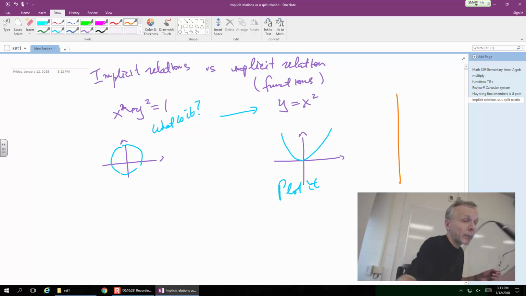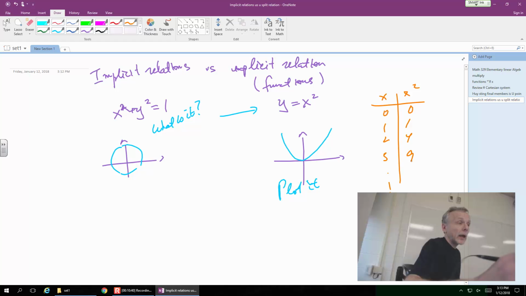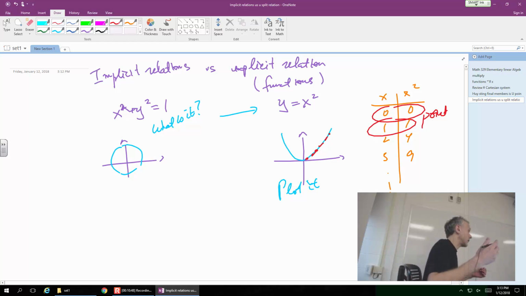Point by point, as many points as you like, you plot them: say 0, 1, 2, 3. You can have 100,000, and you have 0, 1, 4, 9, and then you plot these. Each of them is a point, and if you have enough of them, they form a curve. Whether these functions are linear or not, it's the same story.